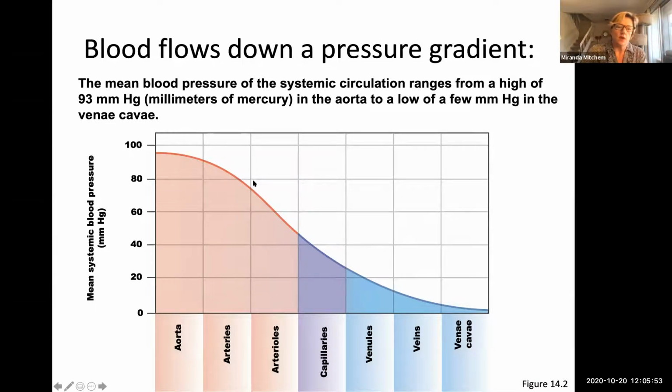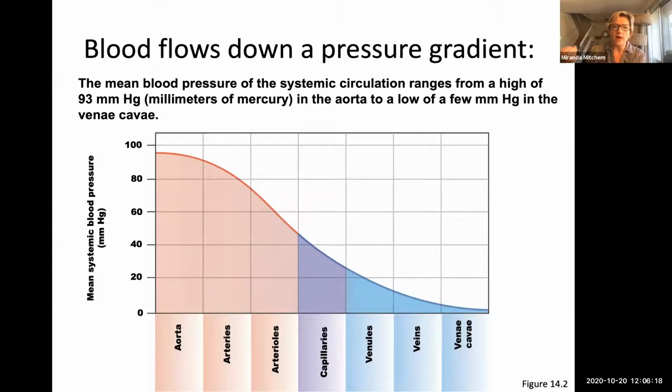So the arteries have a lot of pressure associated with them. And this is because they're right next to the heart. That's part of it. But it also has to do with the materials that these vessels are made with. But as we move away from the heart, the pressure declines down to almost nothing where it is returned to the heart.